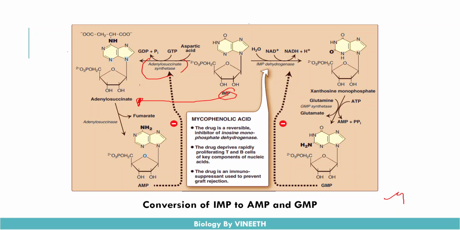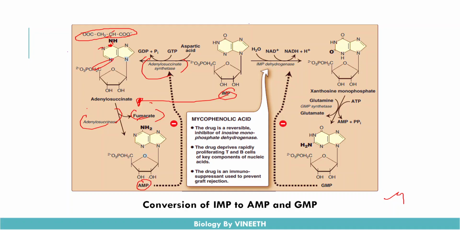This aspartic acid gets placed on this carbon as it is, and then in the presence of adenylosuccinase, which is a lyase enzyme, the bond between this carbon and this nitrogen is broken, so that fumarate will get eliminated, as we have seen in the initial biosynthetic pathway, and the structure formed is known as AMP.